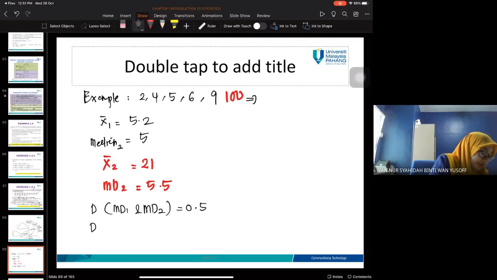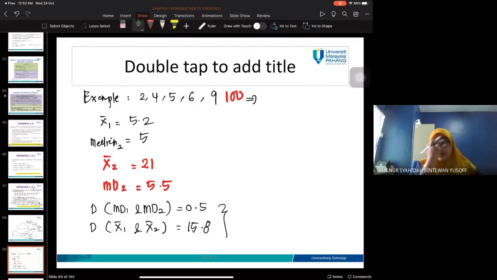But the difference between x bar 1 and x bar 2 is about 21 minus 5.2, which is 15.8.